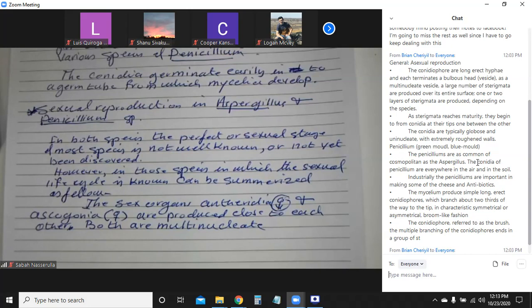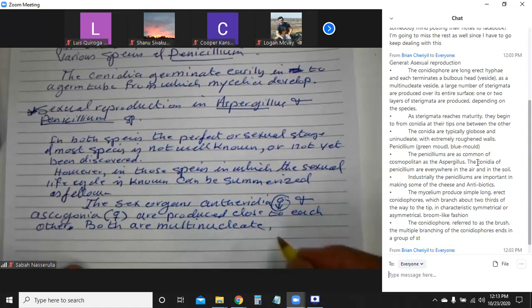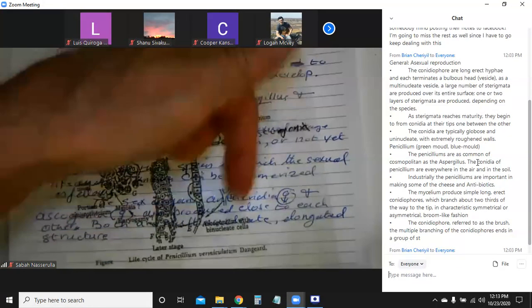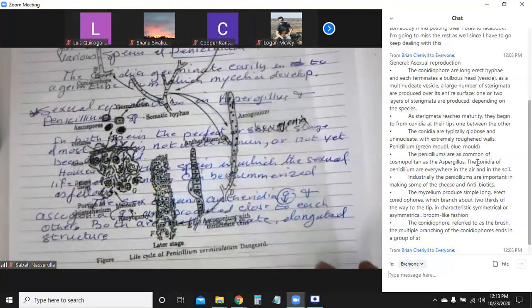Both are multinucleate, and also elongated structures, as I showed to you. Sometimes they get helical around the ascogonia. To mention this point here.